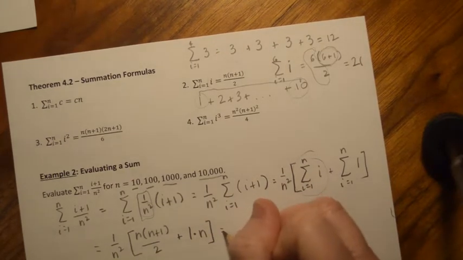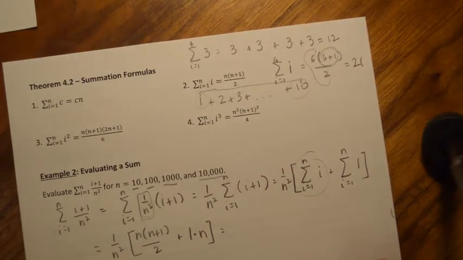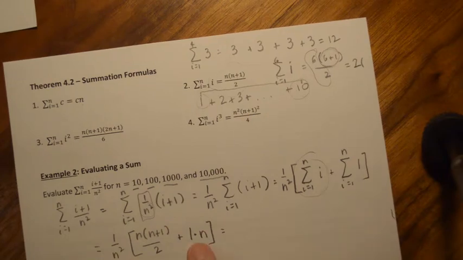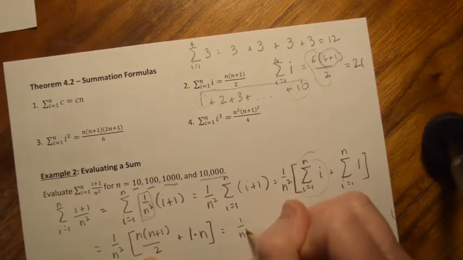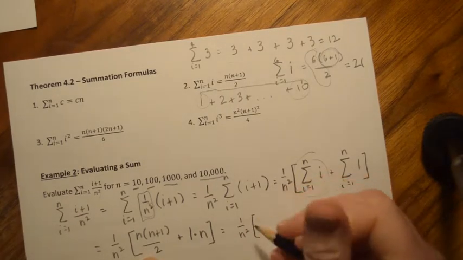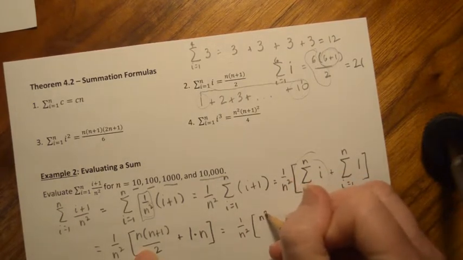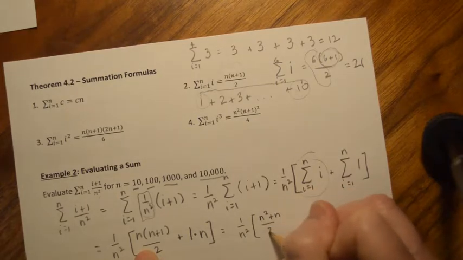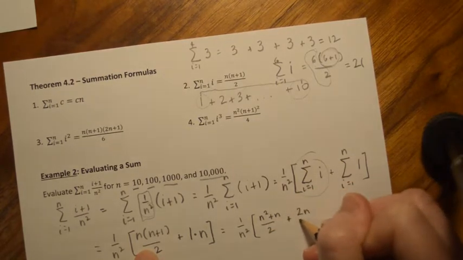All right, let's just clean this up a little bit here now. I'm going to change this so that it has a common denominator of 2. So we end up with 1 over n squared. And then I'm going to also multiply this out. So n squared plus n over 2 plus 2n over 2.